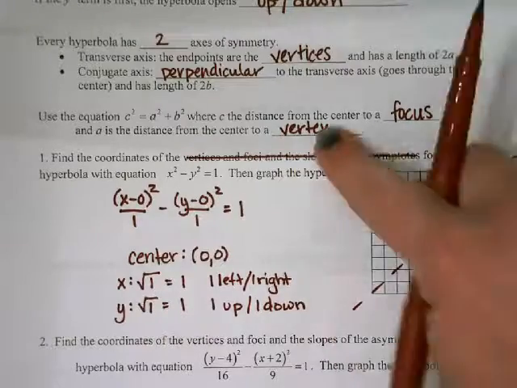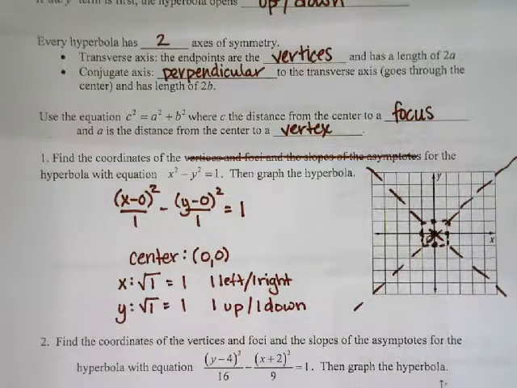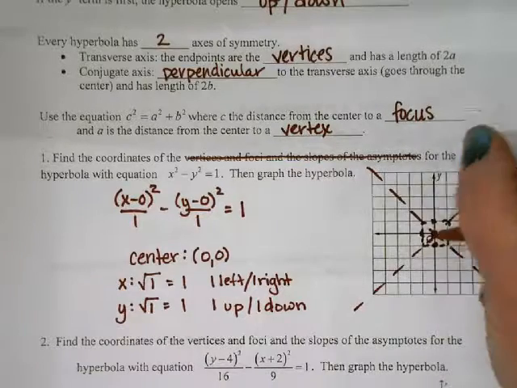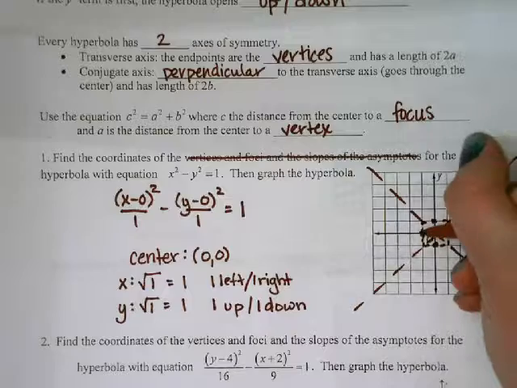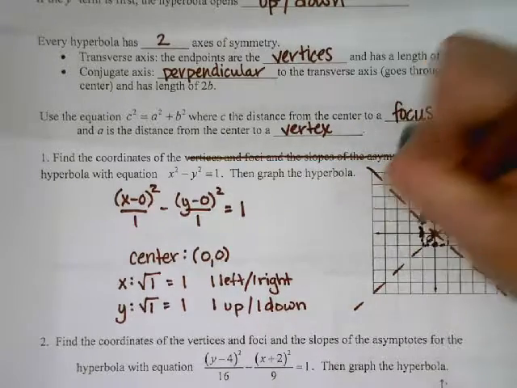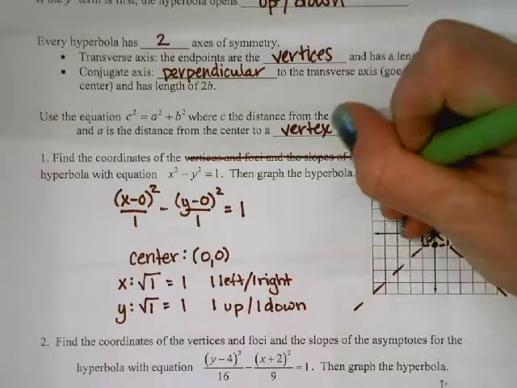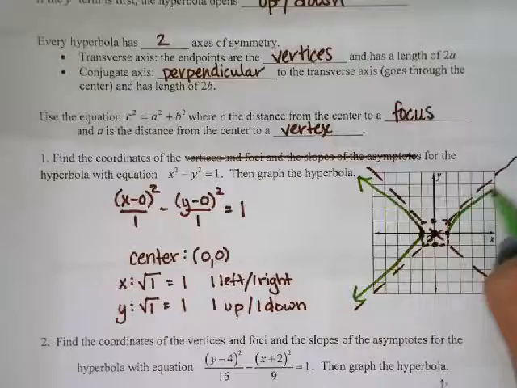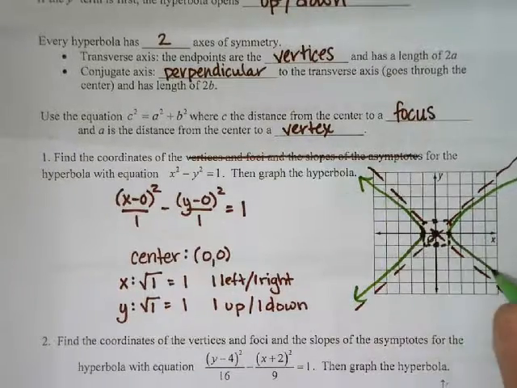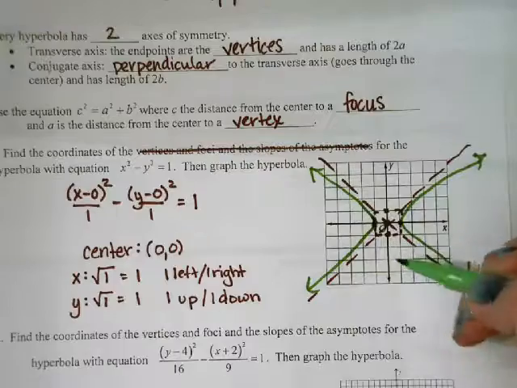These dotted lines that we just drew through our box are our asymptotes. Okay, they get closer and closer and closer to it, but they don't touch it. So what we do is we start at this point on our box, not at the center. Don't use the center, but we go to the edge of our box and we follow that shape. I'm going to do it in a different color. I'm going to follow that shape of those dotted lines. Again, it doesn't cross those asymptotes. It just gets closer and closer to it.